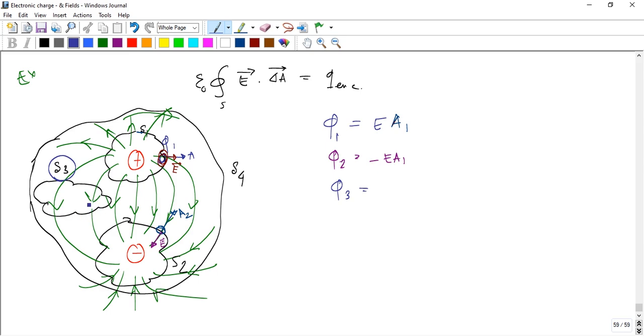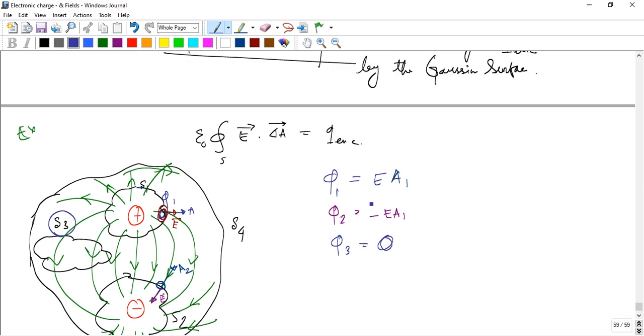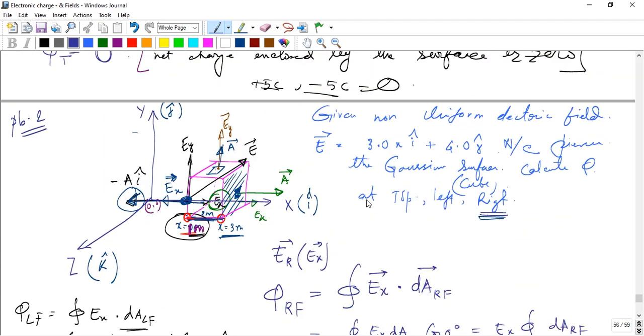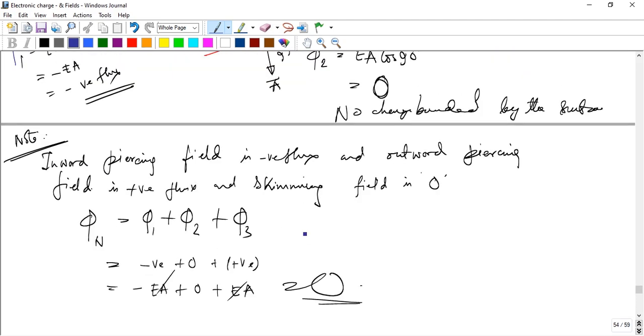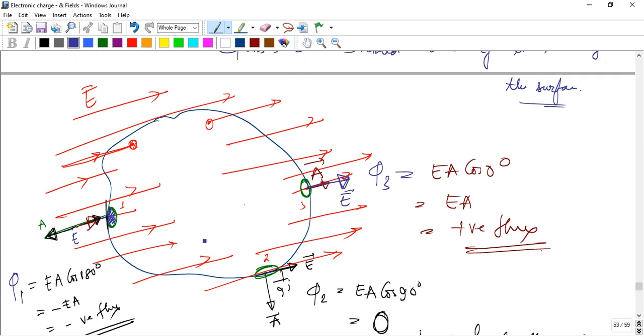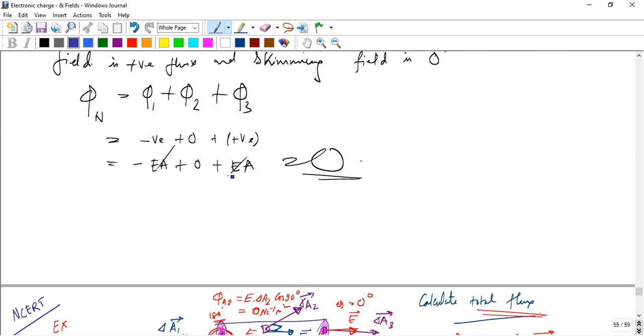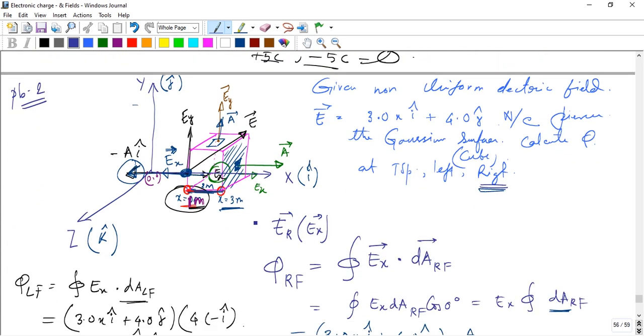No charge bounded here means flux 0. In that case also, the total flux is 0, meaning 0 charge enclosed by the surface.